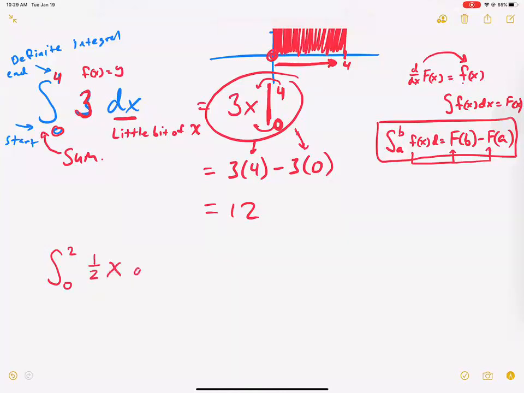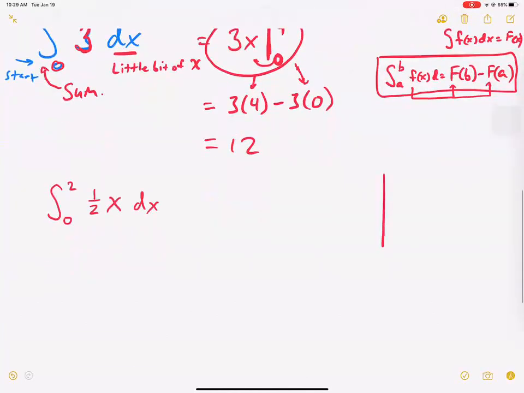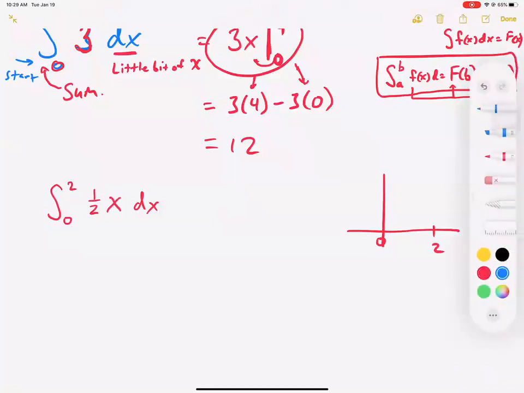I'm going to graph it to the right just to show you what 1/2 x looks like. Here's my graph on the right. We're going to go from 0 to 2. If I plug in 0, 1/2 of 0 is 0. Plug in 2, 2 divided by 2 is going to be 1. This is the graph. But I only care about from 0 to 2.